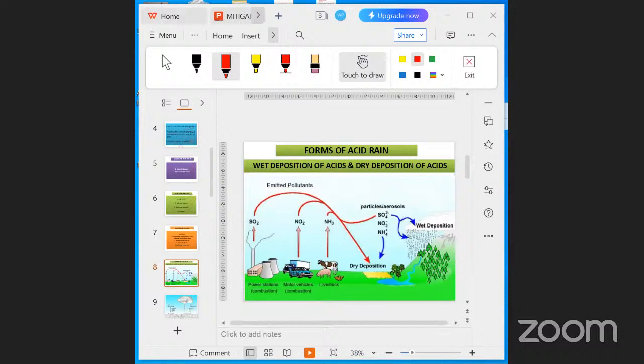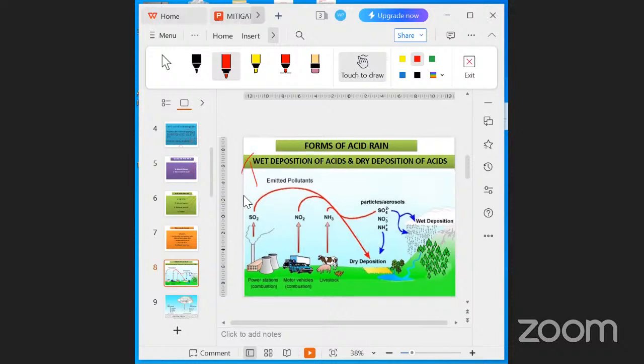So now, how is acid rain formed? There are two forms in which acid deposition occurs: wet depositions of acids and dry depositions of acids.